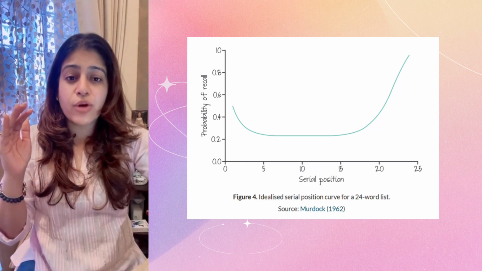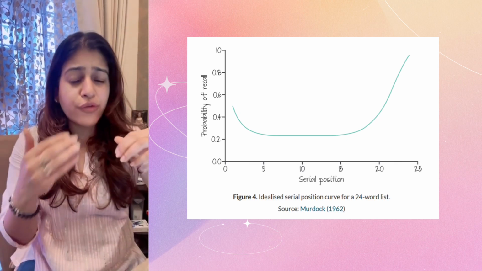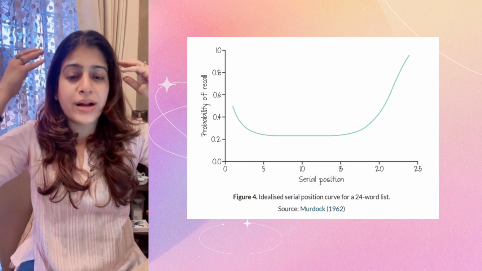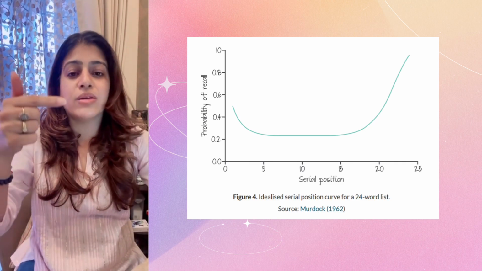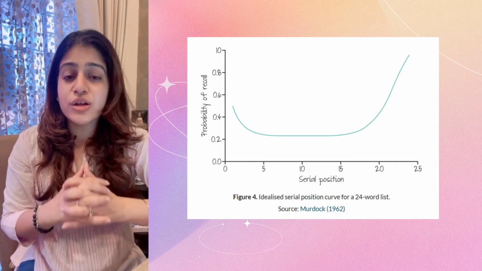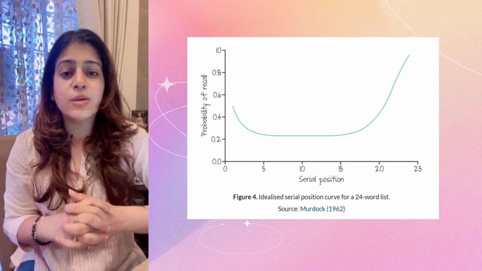So the initial words are coming from LTM, the last words from STM. The middle words are usually forgotten because they did not get time to go to LTM and were soon replaced by the new words in the STM. So I hope this was clear, and the study clearly showed support for the concept of the serial position effect.